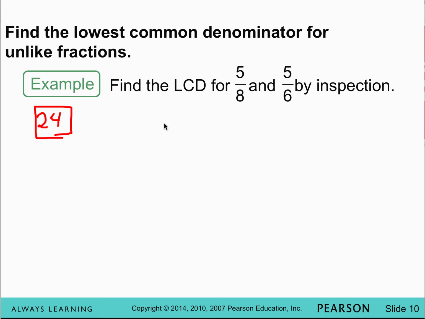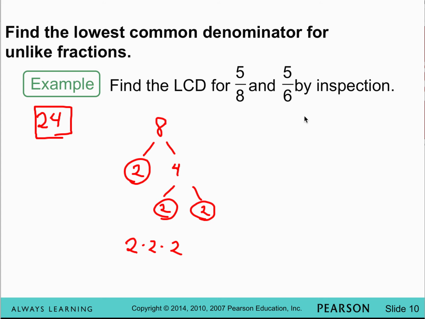Okay. If I'm not sure, let's write our factor tree and see what all of our factors are. So this one's 2 times 2 times 2. Over here with 6, it's 2 times 3. All right, so to get the least common denominator, I take anything they have in common.